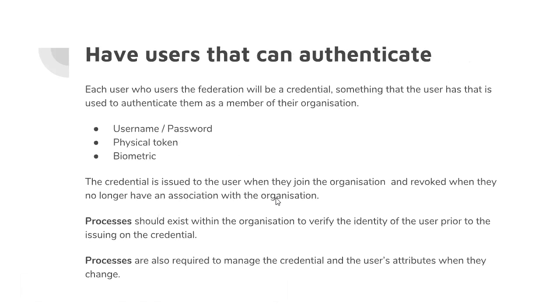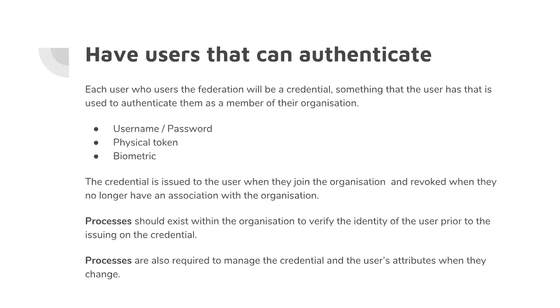The next requirement is that your users can authenticate against something. So you need to provide your users with some credentials, something that the user has that is used to authenticate them as a member of your organization. Initially, most will just provide some sort of username and password. They might provide physical tokens.